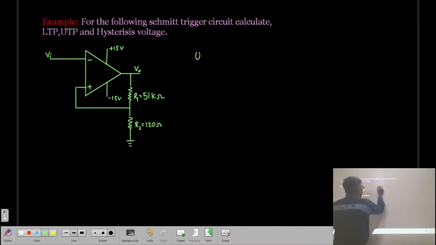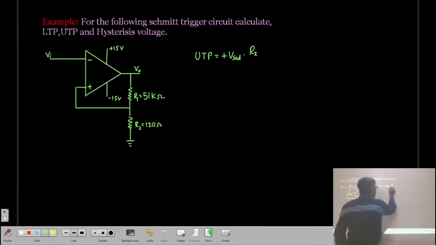First of all we will calculate the UTP, which is given by plus V saturation into resistance R2 divided by R1 plus R2. This is the formula for the upper trigger point.